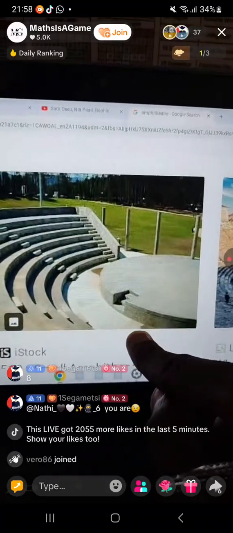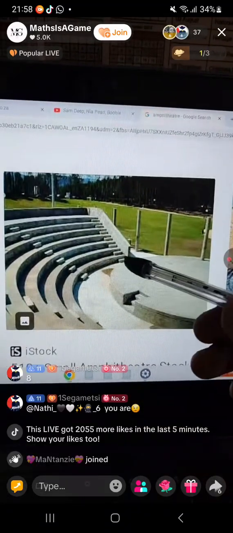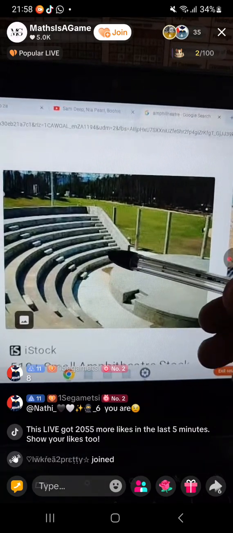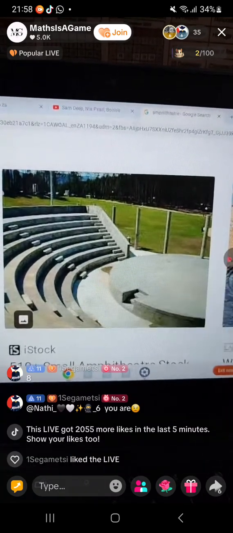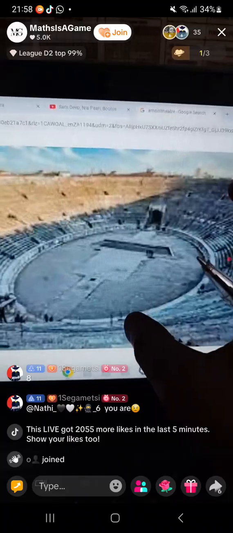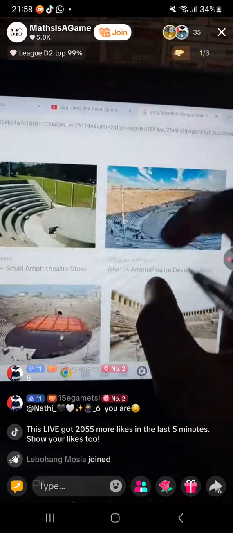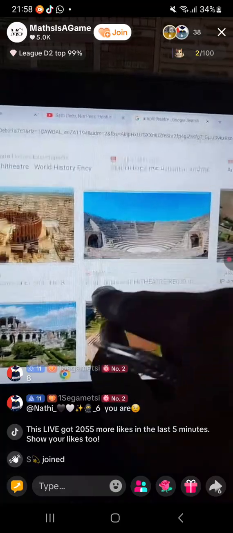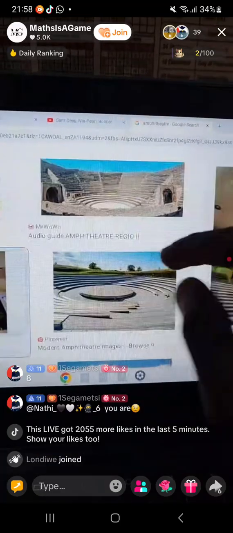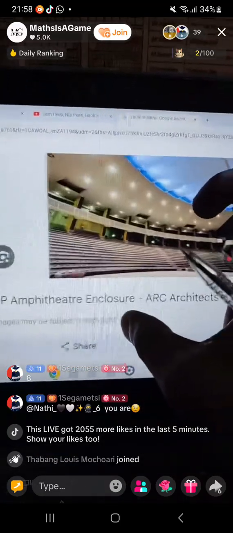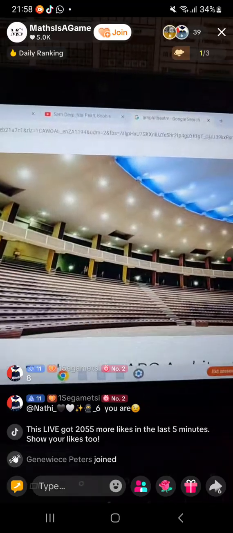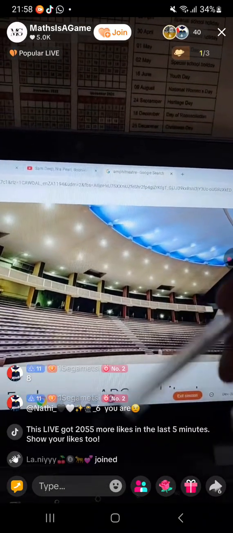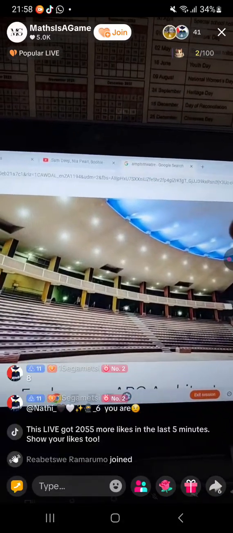But here they're talking about a small amphitheater. I'm sure you can see, guys, that there are rows. Some amphitheaters have seats, but this one doesn't have seats, as you can see. It just depends on the type of amphitheater, but that's an example of what an amphitheater is. I hope you guys get the point.